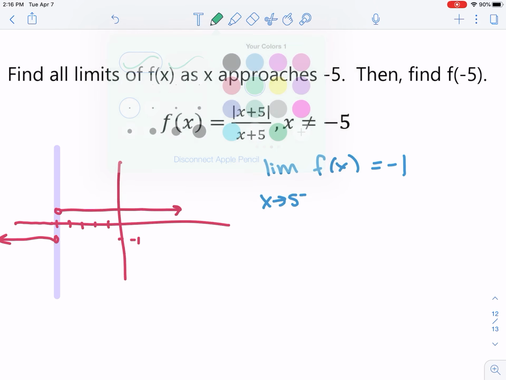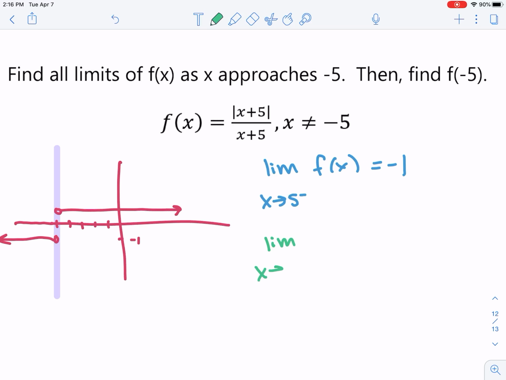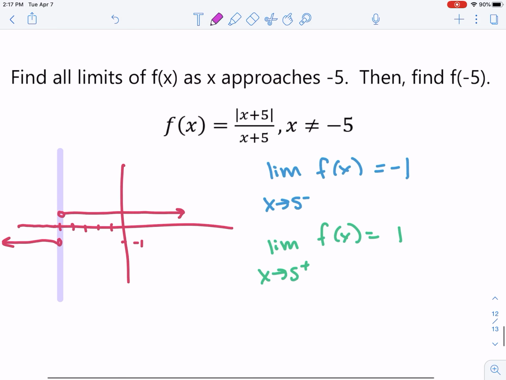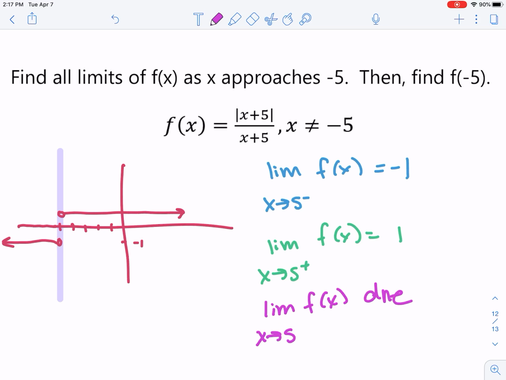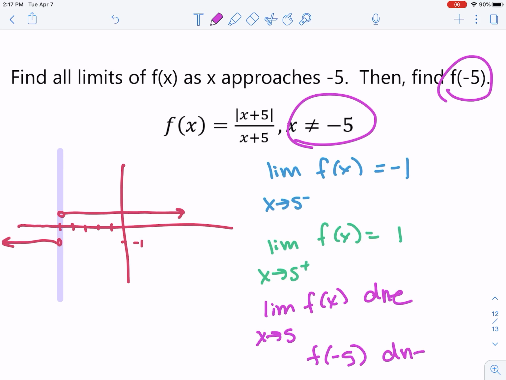And if we want to find the limit as x approaches -5 from the right, then I'm approaching +1, meaning that the full limit, the limit as x approaches -5 of f of x, does not exist. And what about f of -5? Well, we could have seen right here we don't have any function values when x is -5, so f of -5 also does not exist.